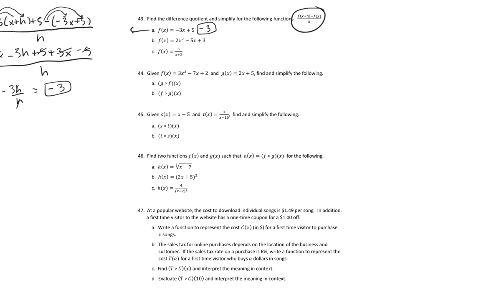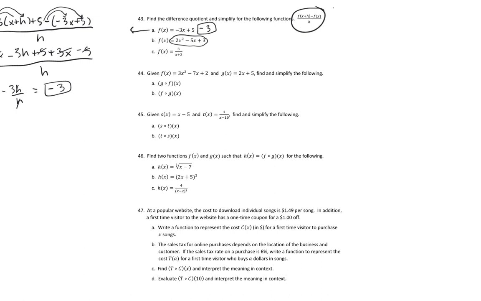All right, so for part B, we have this one, and it's a little bit more complicated, but I think we can do it. So if we do f of x plus h for this function right here, I'm going to write this over here.